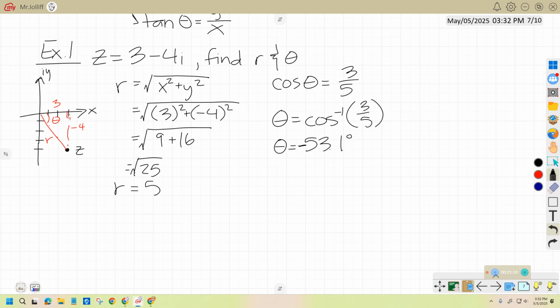So that tells me that my original ordered pair, z equals 3 minus 4i, can also be written as z equals 5 cis negative 53.1 degrees. So 5 times cosine of negative 53.1 plus i sine negative 53.1.